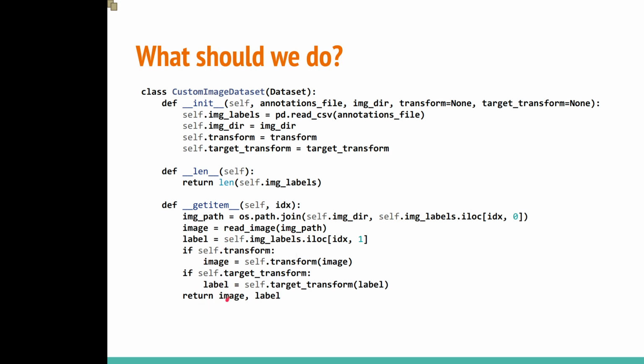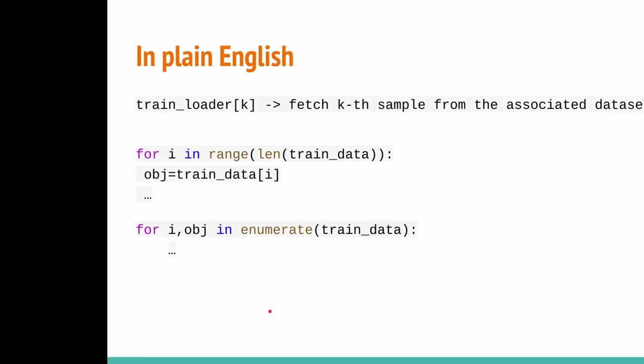After those transformations, we can just return the image and label back to the caller, which will be the enumerator here.